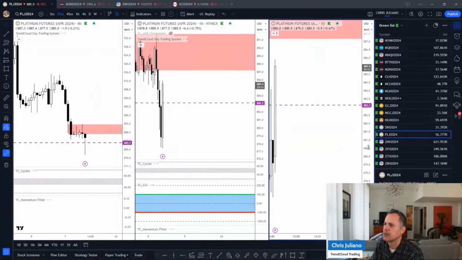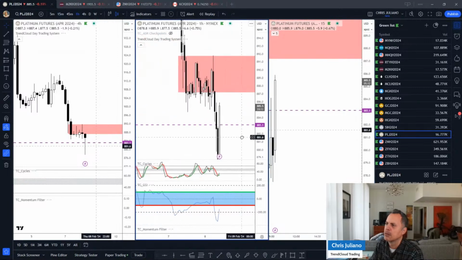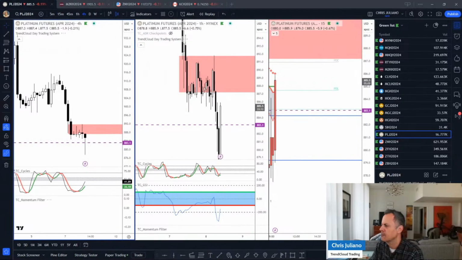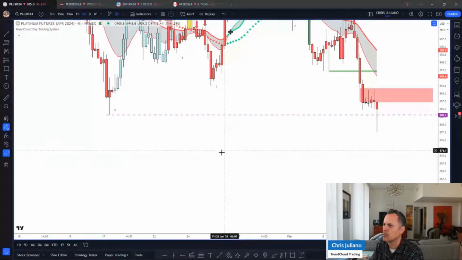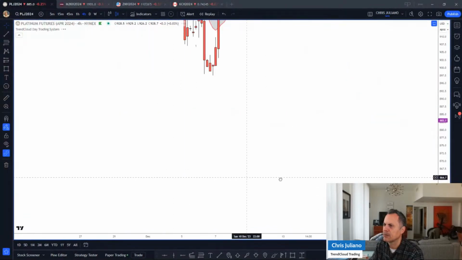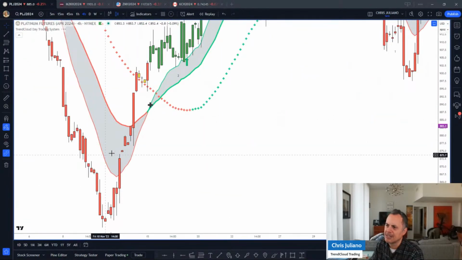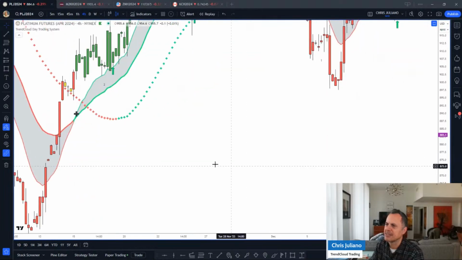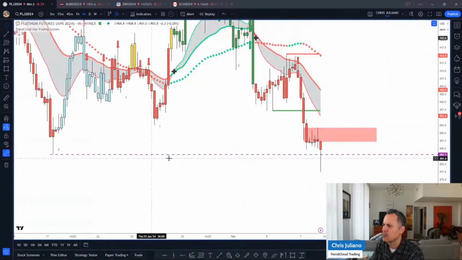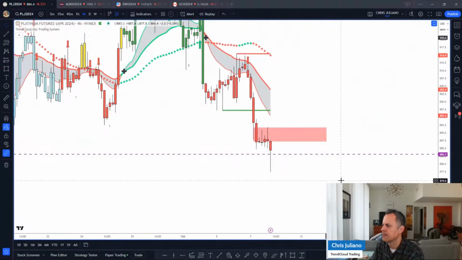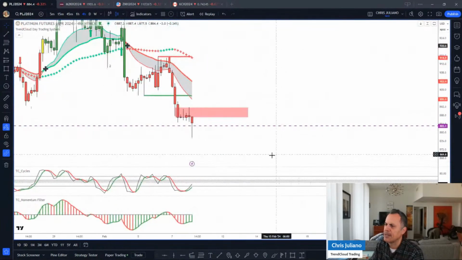Platinum, high time frame. We don't have anything, right? I don't think there's really, that's pretty far back. We broke through structure here on platinum, and we're starting to cycle up.